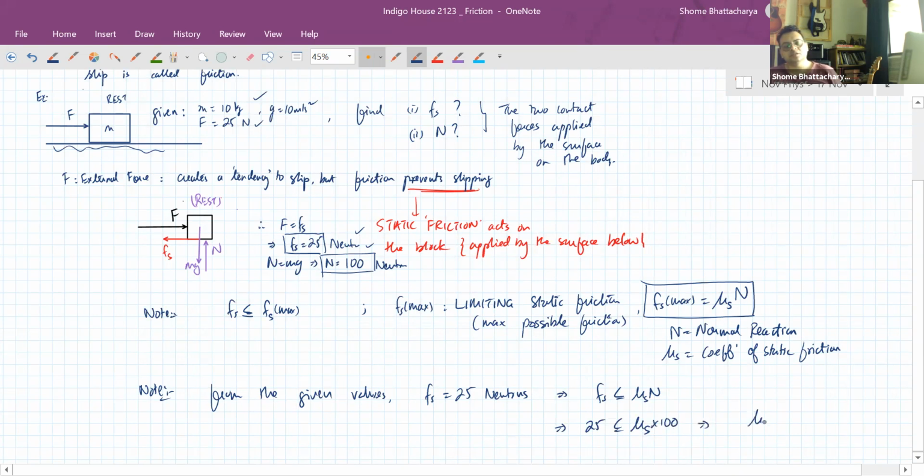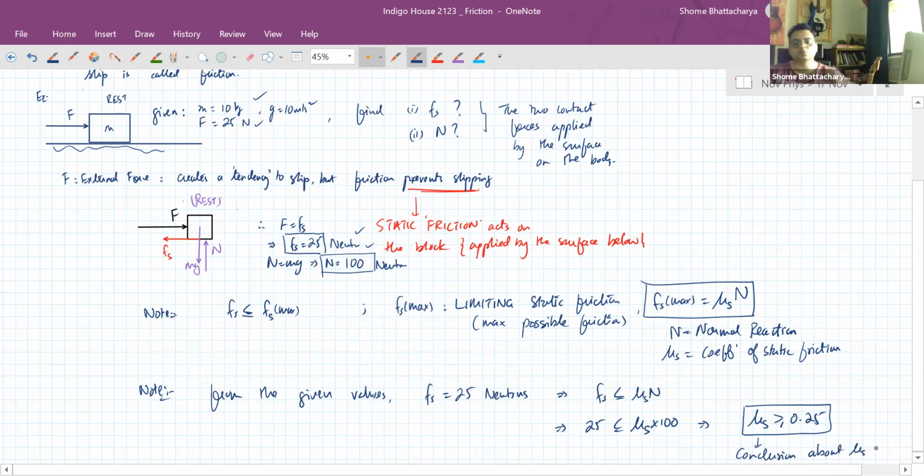That means the coefficient of static friction is definitely greater than or equal to 0.25. We can't find the exact value, but we can say it's not less than 0.25. So this is the final conclusion about the coefficient of static friction.